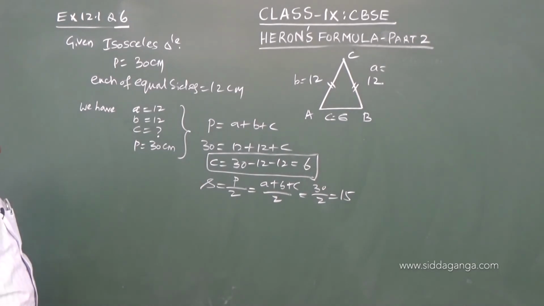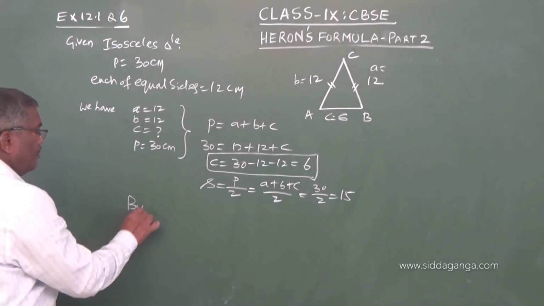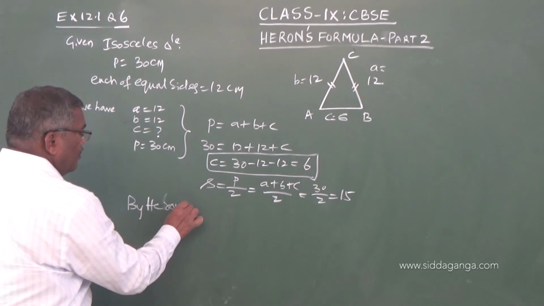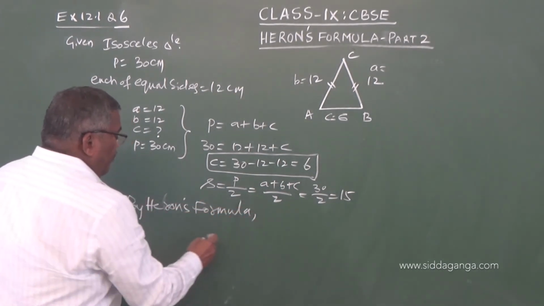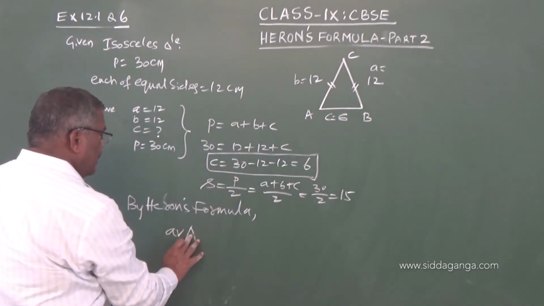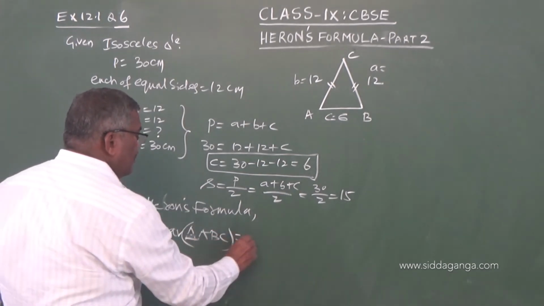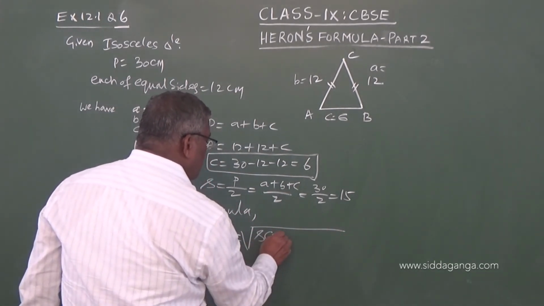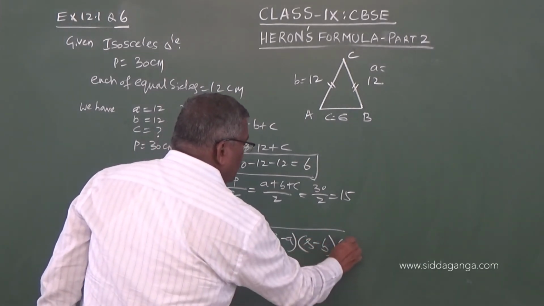Now we have to calculate the area of the triangle. So by Heron's formula, area of triangle ABC equals square root of s into s minus a, s minus b, s minus c.